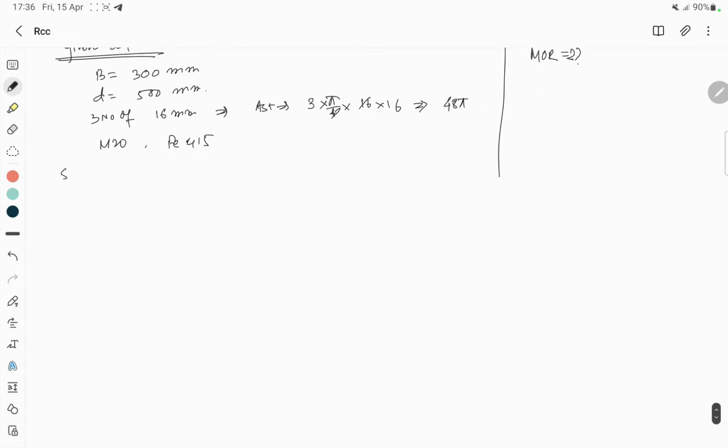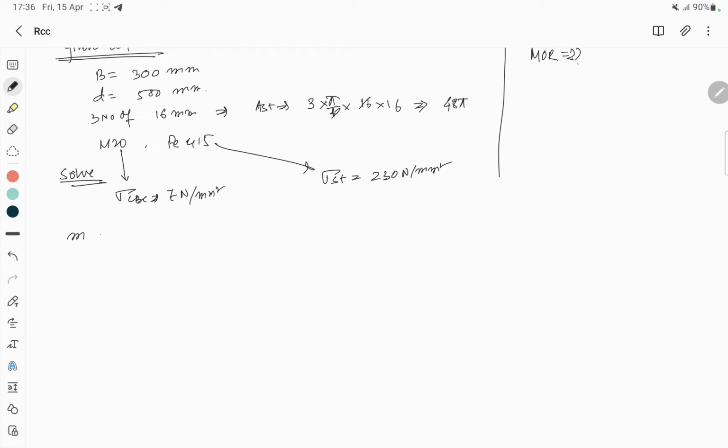Now we have to solve this question. First, as M20, then sigma CBC equal to 7 Newton per mm square. As you use Fe415, so sigma ST equal to 230 Newton per mm square.